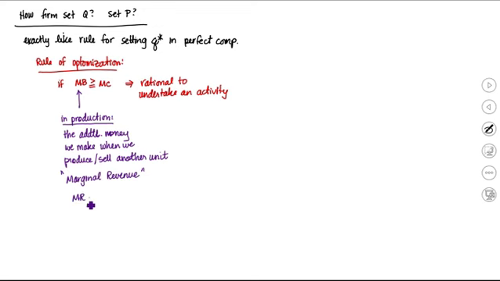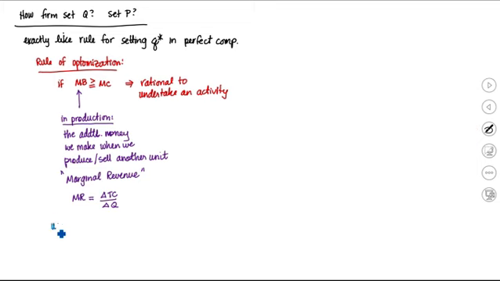So remember how to calculate marginal revenue. Marginal revenue is simply the change in total revenue given a change in Q. So all we're doing is calling marginal benefit something different, and we're using the rule of optimization.